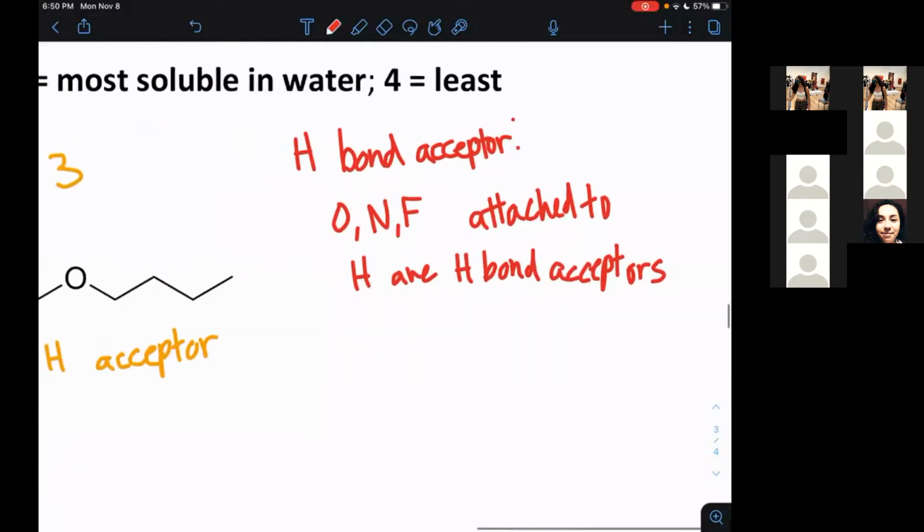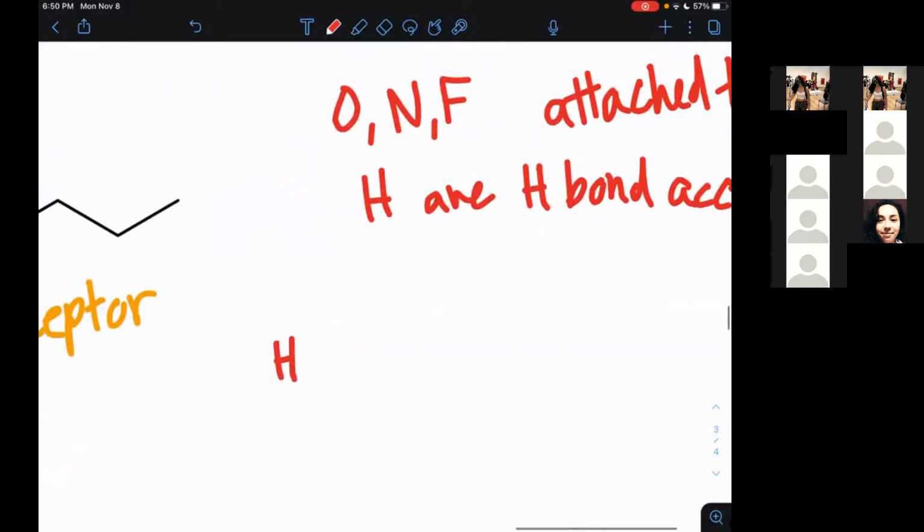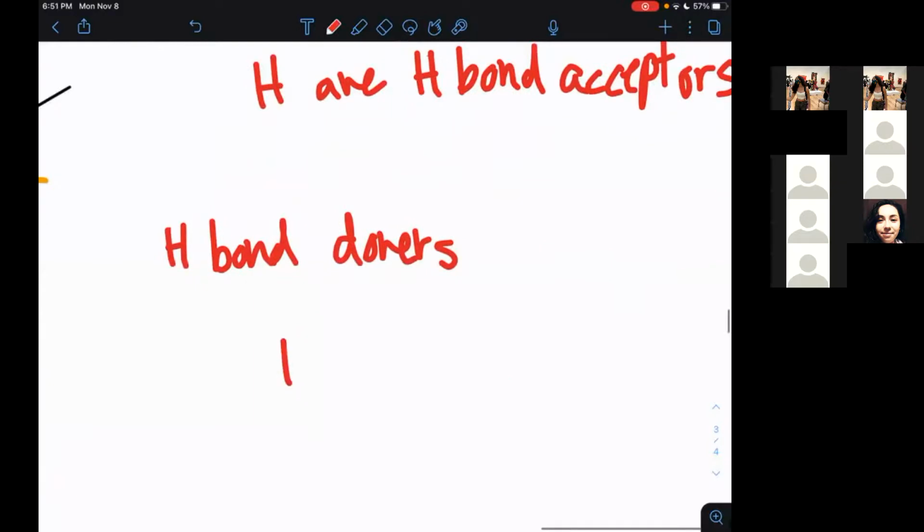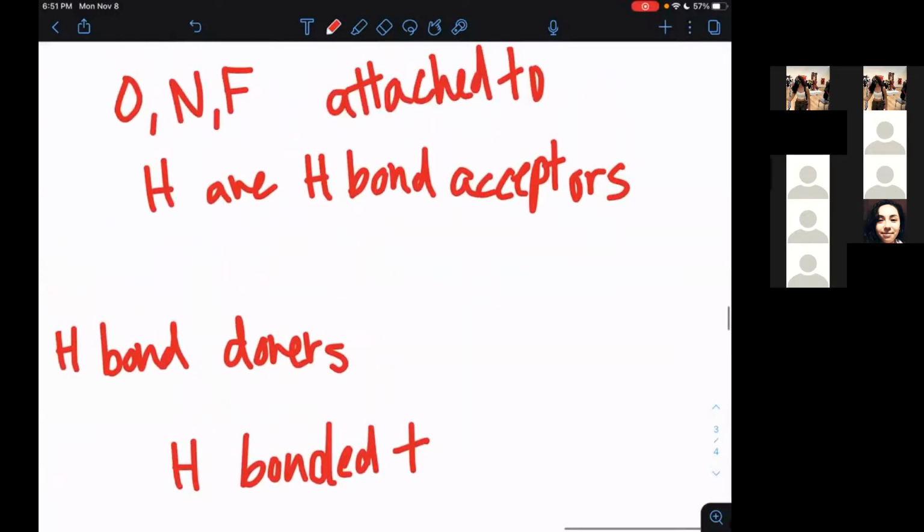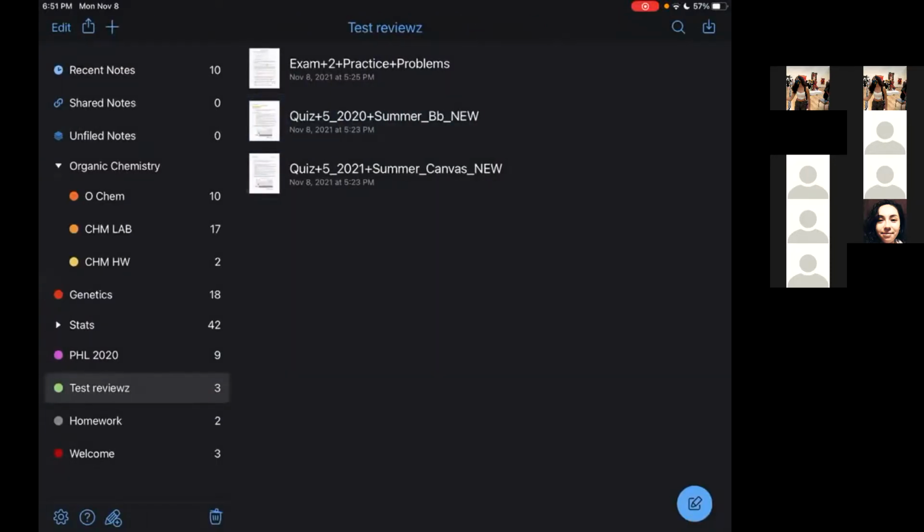And then hydrogen bond donors are the actual hydrogen bonded to O, N, F. There is another one. I guess I could go ahead and check it.